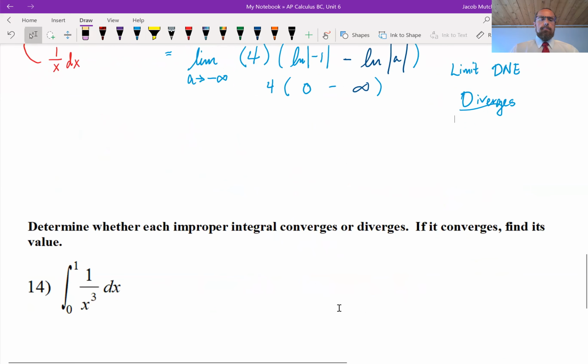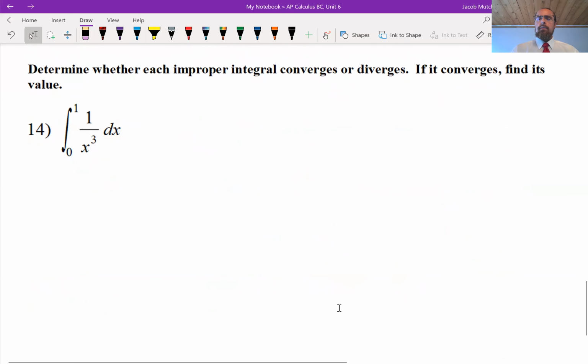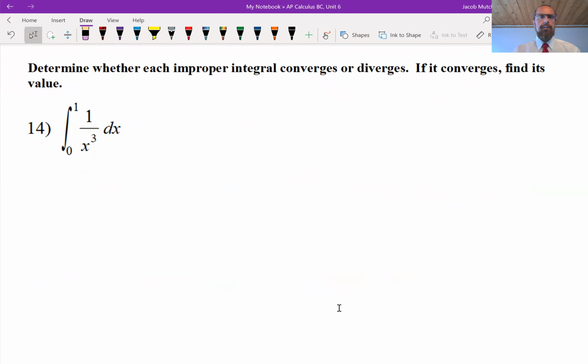Our last example is of the sort that it's not got infinite limits of integration. Notice it's the integration from 0 to 1 of 1 over x cubed. But what I see is that this 1 over x cubed has an infinite discontinuity at 0.